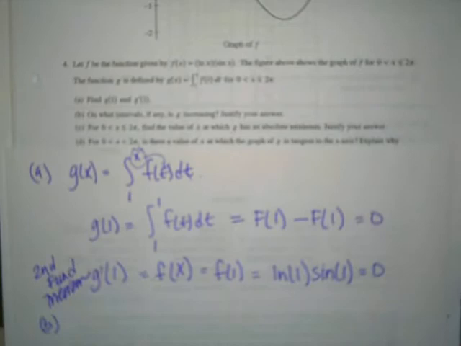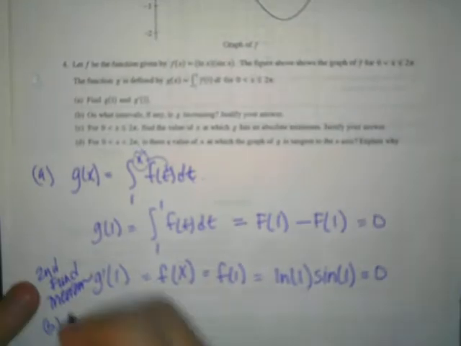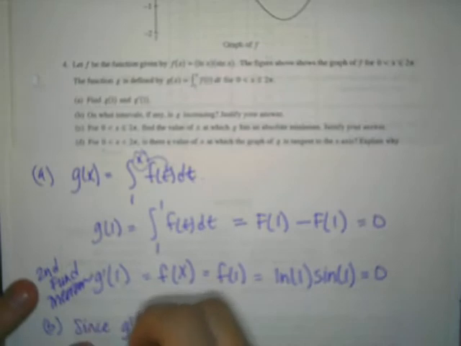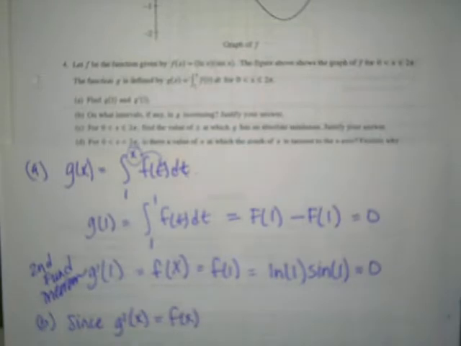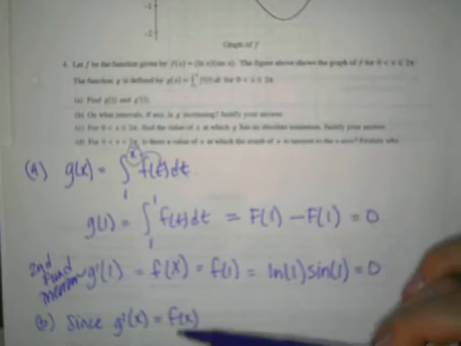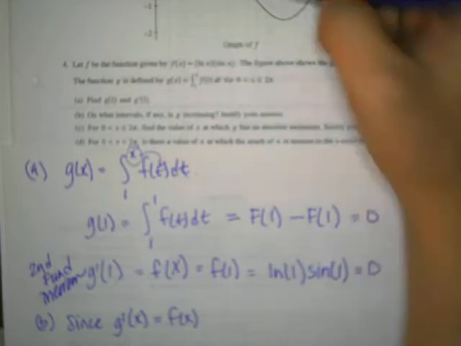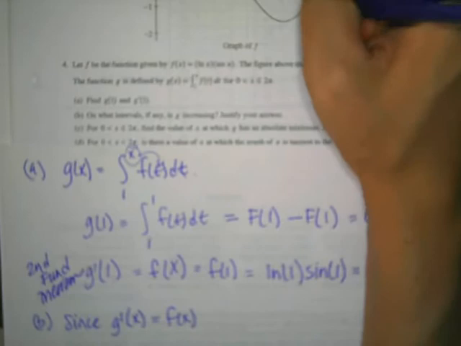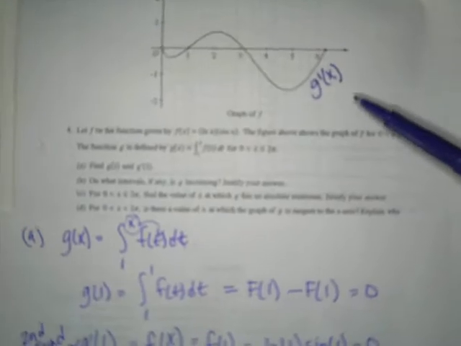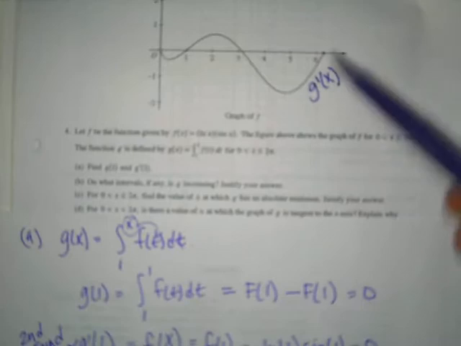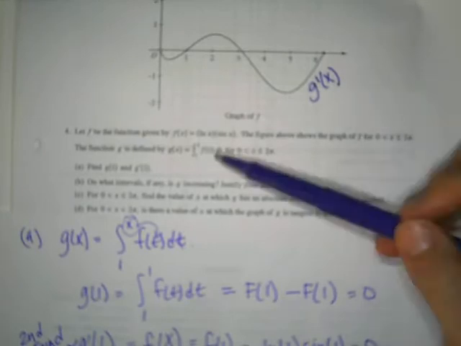So, since g prime equals f of x, since this is the derivative, maybe we need to write that as well. Or sorry, this is also the graph of g prime. We don't know what g is. We just have a description for it.